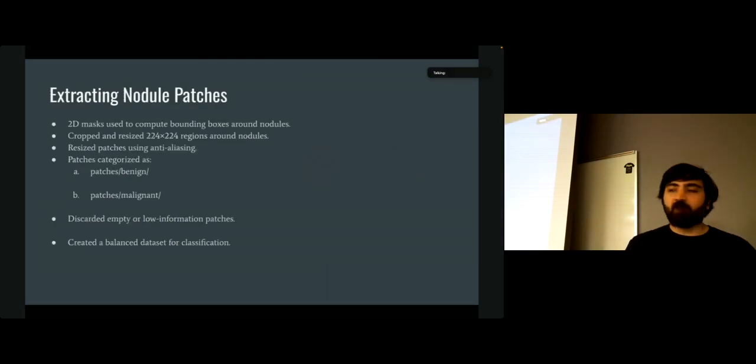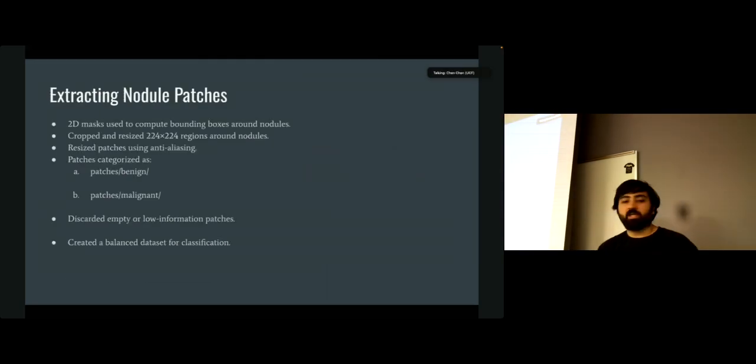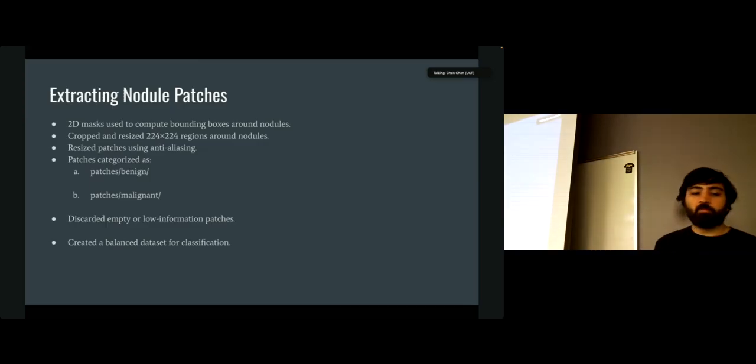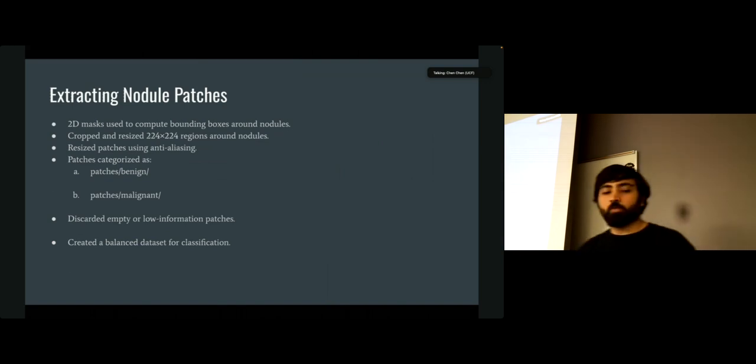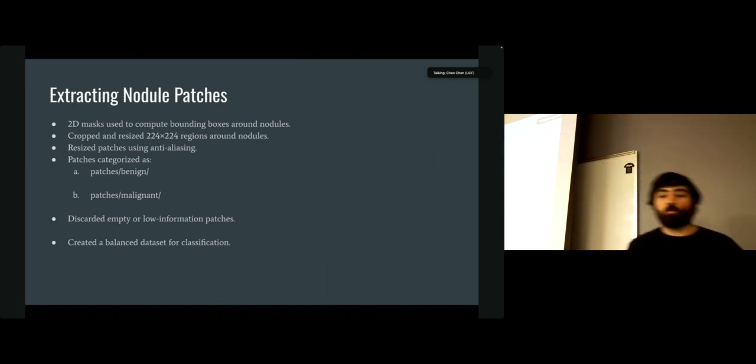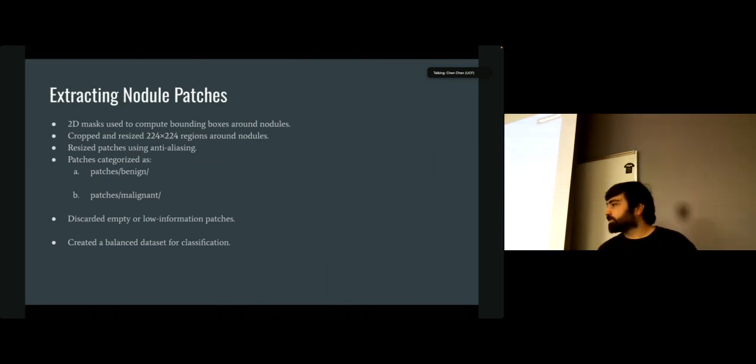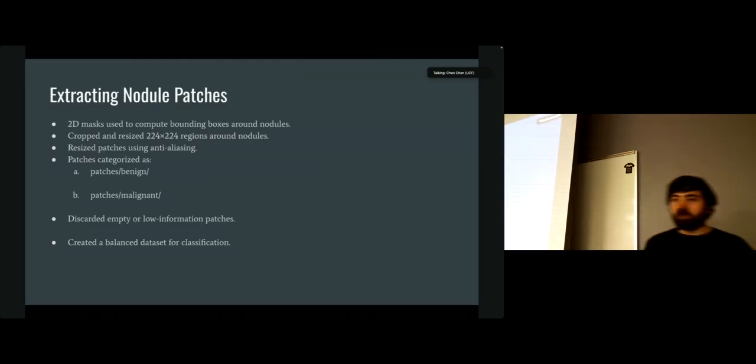And then after the detection, I extract the 2D masks that were detected. I crop them, and then I resize them to 224 by 224. And as already mentioned, the annotations already contain whether the nodule is benign or malignant.